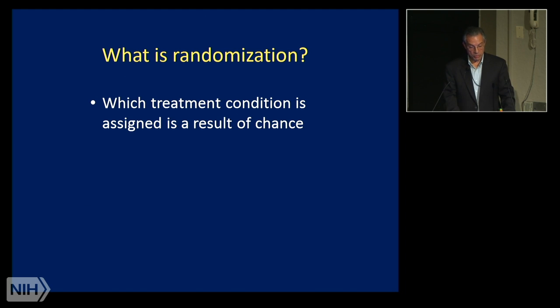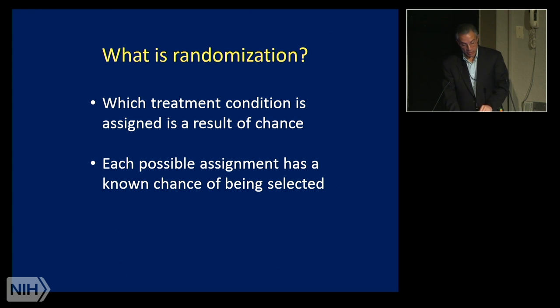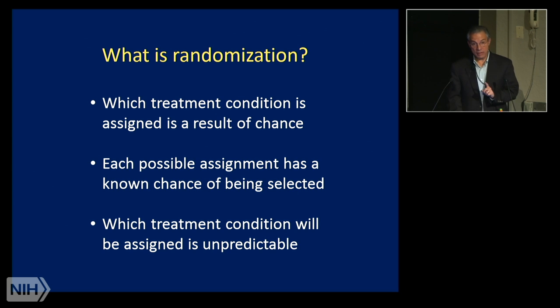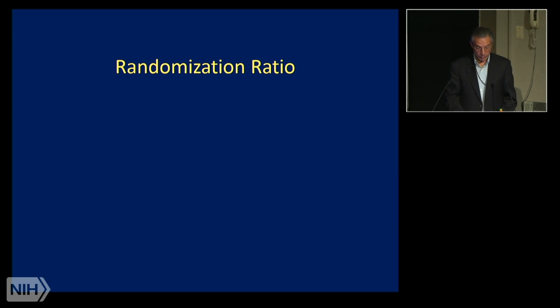So what is randomization? There's a little bit of a repeat here. Which treatment condition is assigned is a result of chance. Each possible assignment has a known chance of being selected, not necessarily equal chance, known chance, and which treatment condition will be assigned is unpredictable. And you will see, I'm going to show you some notation here.